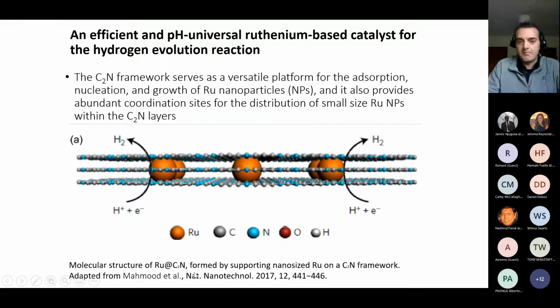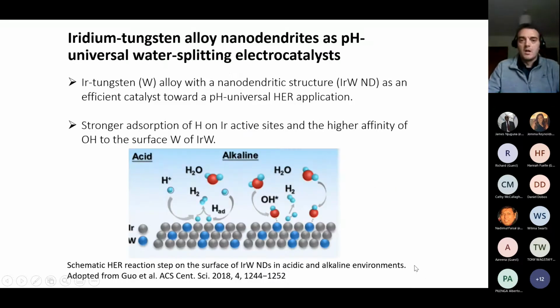Another interesting paper from Nature Nanotechnology. So now we're moving into another one that was again quite interesting. In this particular case, they use another type of metal, iridium, and then we have, as I mentioned earlier on, a bimetallic synergistic effect with tungsten.